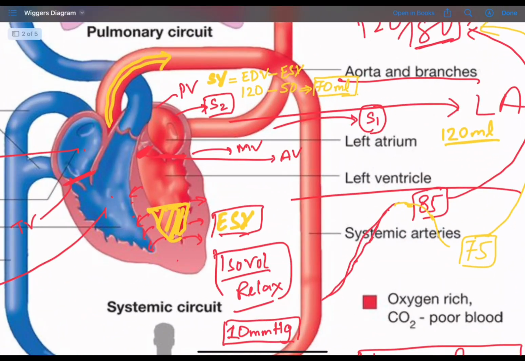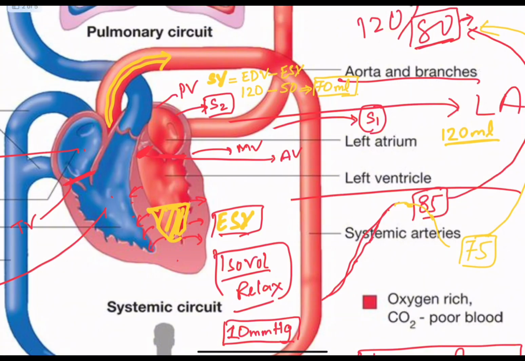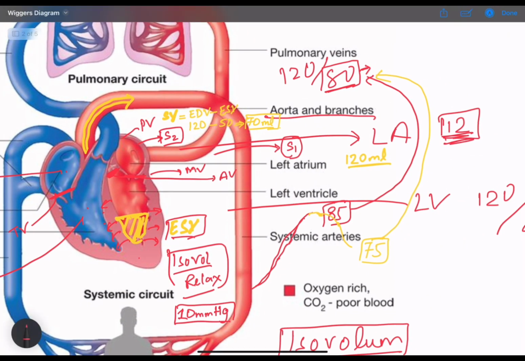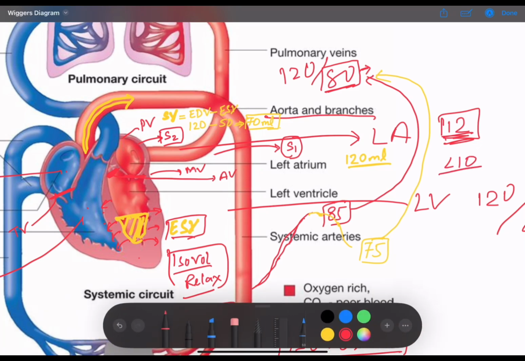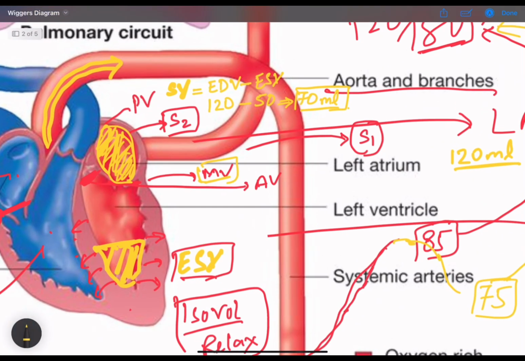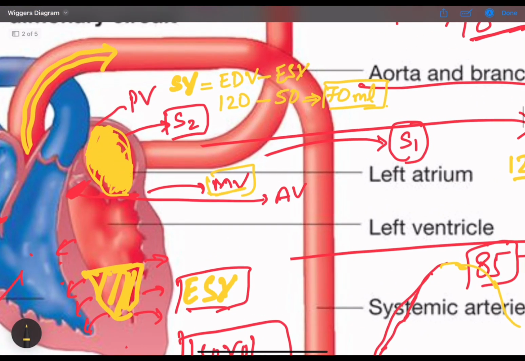The pressure within the left atrium is 12 mm of Hg, so when the pressure within the left ventricle becomes 10 or 8, at this moment we have opening of the mitral valve. While the mitral valve was closed, we had accumulation of blood within the left atrium. So this accumulated blood after the opening of the mitral valve will start pouring into the left ventricle. This phase is known as the rapid filling phase.